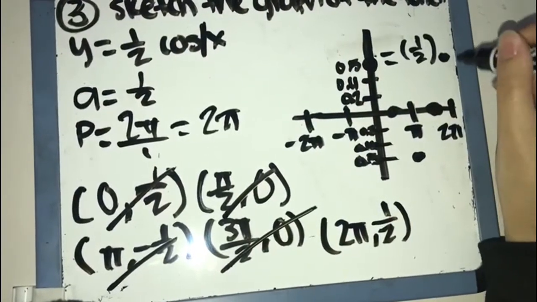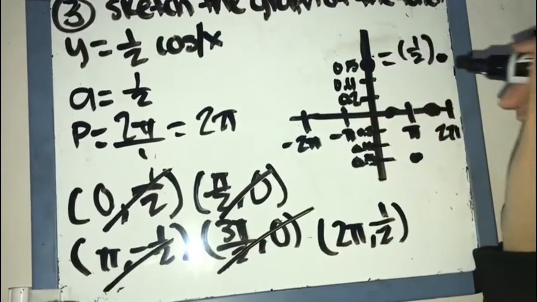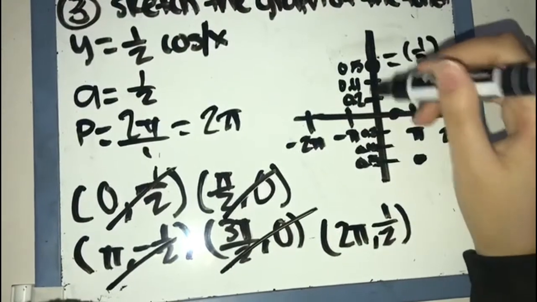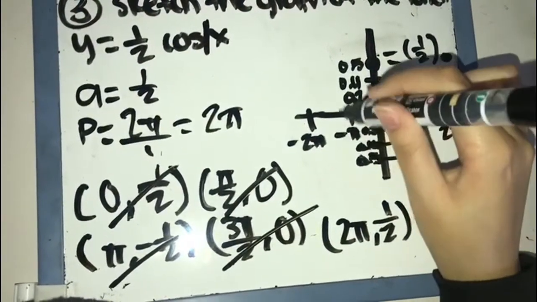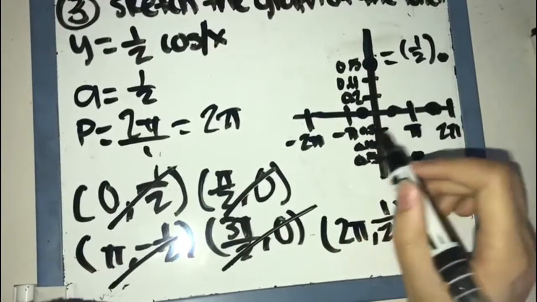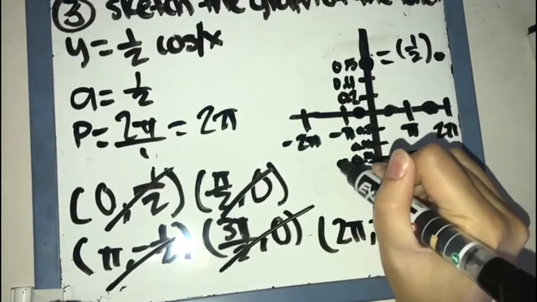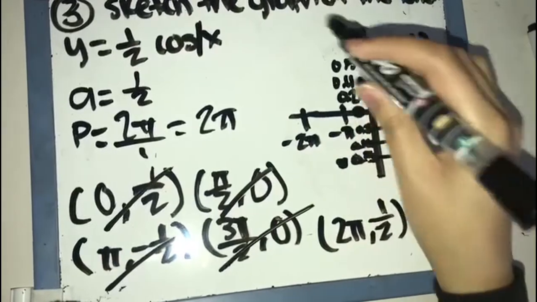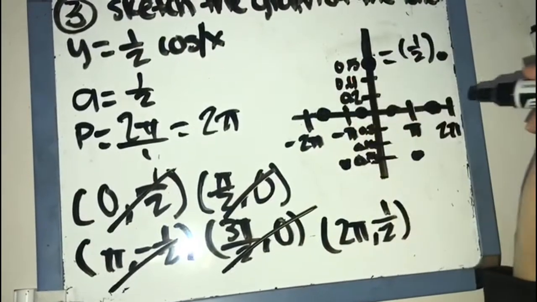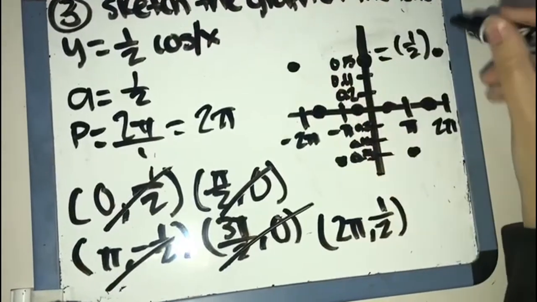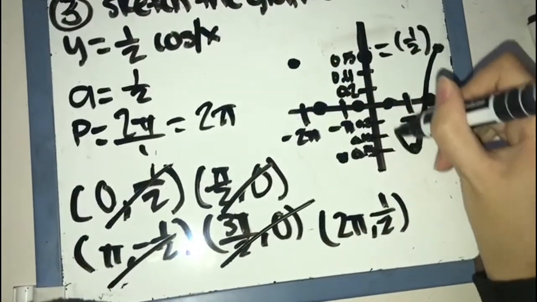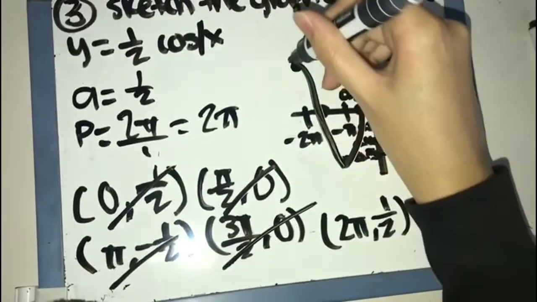So it's going to be like this. But if you think about it, if you do the other side, so you don't get confused, for example if it was right here, 0.5, and then 2 pi, then you will see the cycle, right?